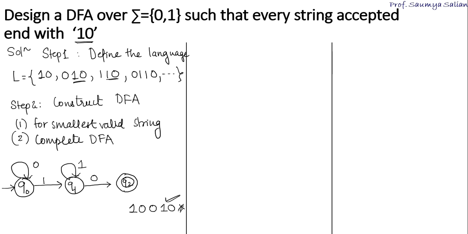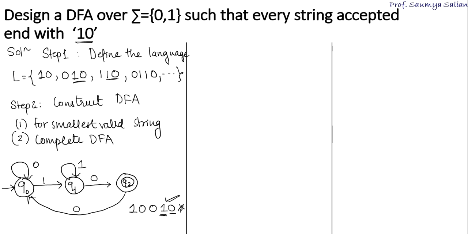So where shall I place a transition of 0 at state Q2? Okay, where shall I place a transition of 0? If I place a transition of input 0 at Q0, I know that to reach final, I have input 1 and input 0, which justifies my need.